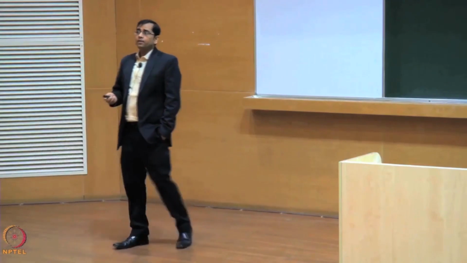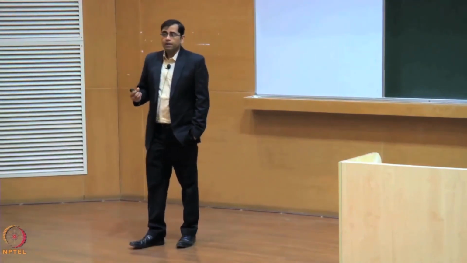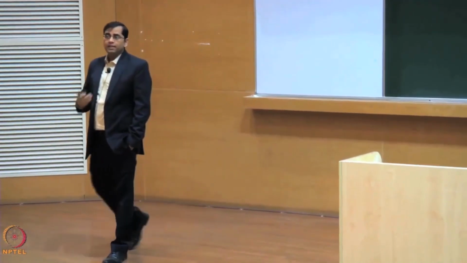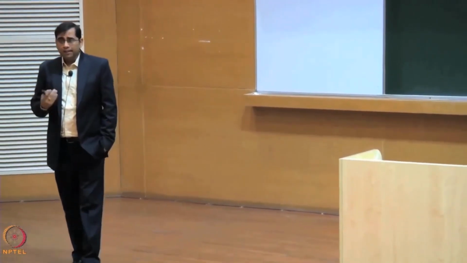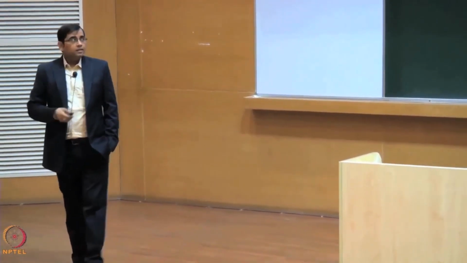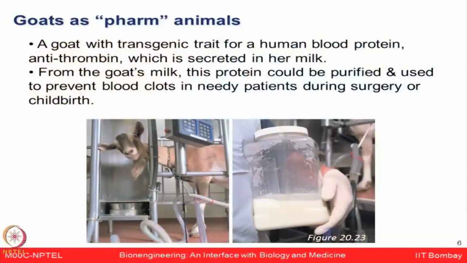Also, people are using the concepts of transgenics. If you remember, we said that we can make transgenic animals, transgenic organisms as well, right? So imagine there is a goat. In that goat you have changed one gene, and you are using that gene to synthesize a human blood protein, which could be used as antithrombin or clotting factors.